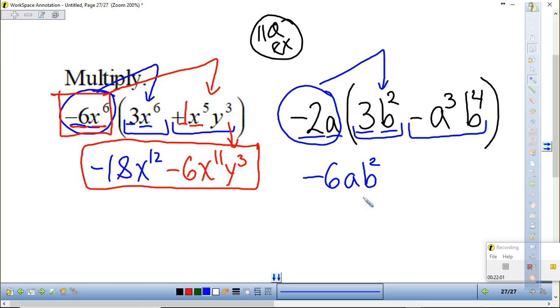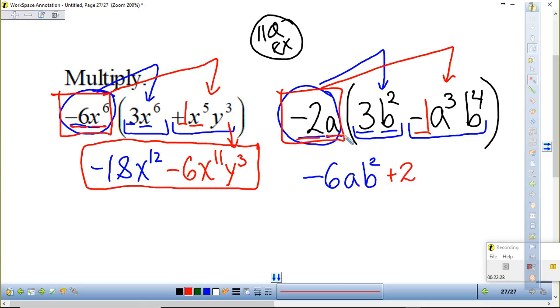Are we there? Okay. Next, I'm going to multiply this 1 times the second term. What is the coefficient here? Negative 1. So let's see. What is negative 2 times negative 1? Positive 2.